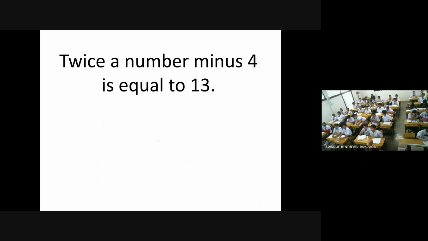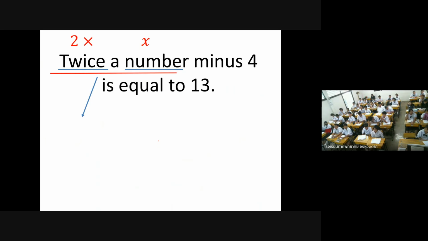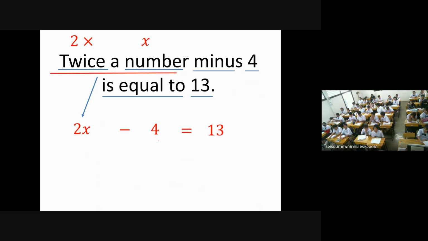Very good. Twice the number is 2X, minus 4, is equal to 13.